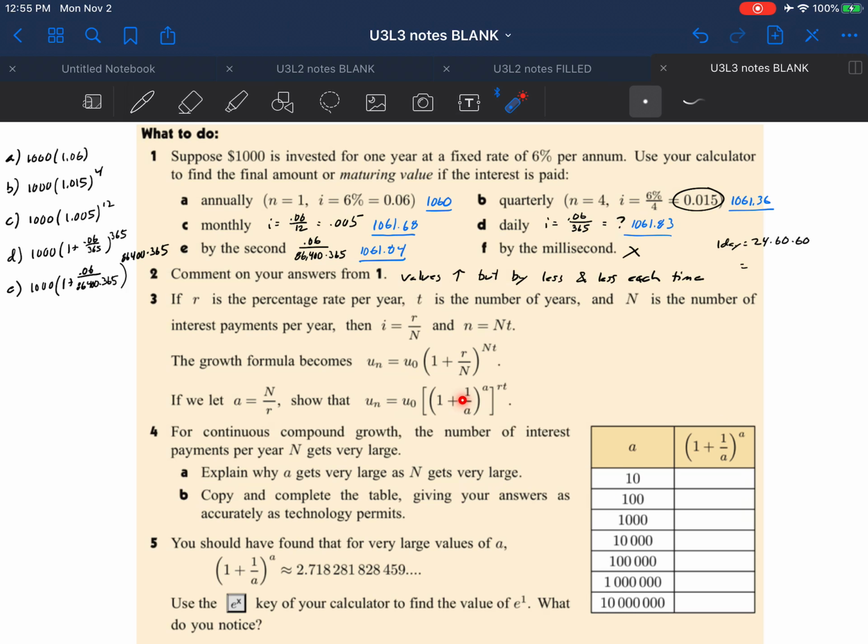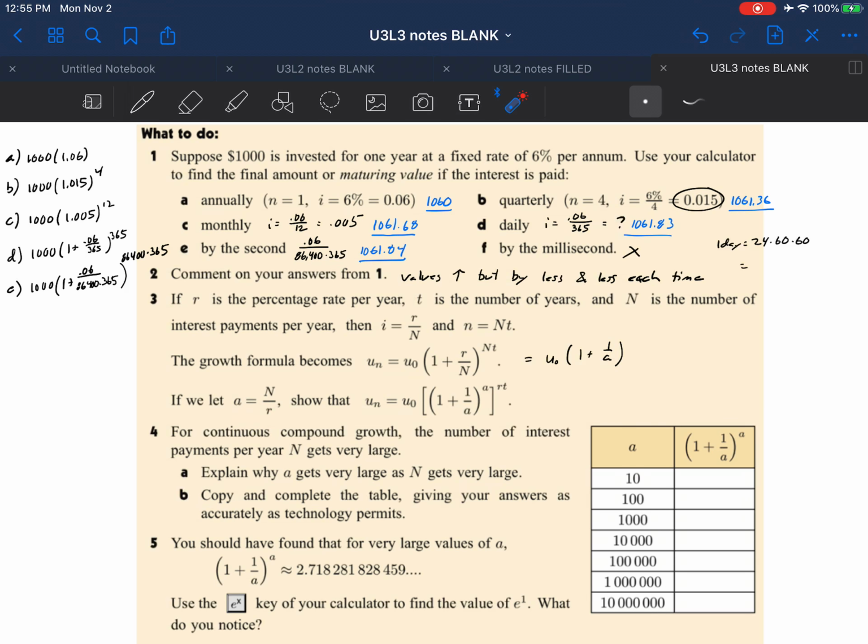Here we have a show that. So we want to convert this to this. Okay, and we can substitute that A is equal to N over R. So that means R over N is equal to 1 over A. So if we show that, this is equal to U sub 0 times 1 plus, now R over N is just 1 over A, right?